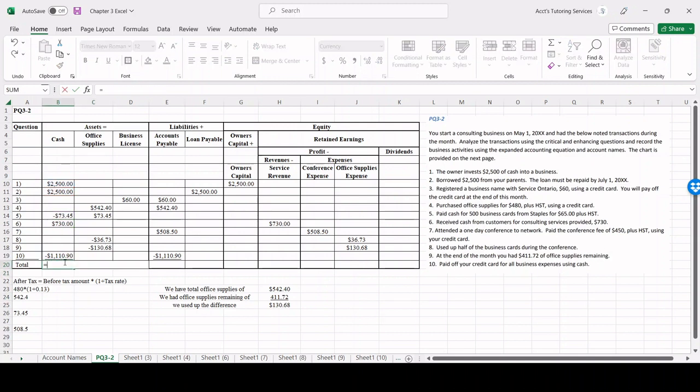Now to calculate the total, we're going to do a simple calculation. 2,500 plus 2,500 plus negative 73.45 plus 730 plus negative 1,110 and 90 cents is going to give us our total balance for cash of 4,545.65.